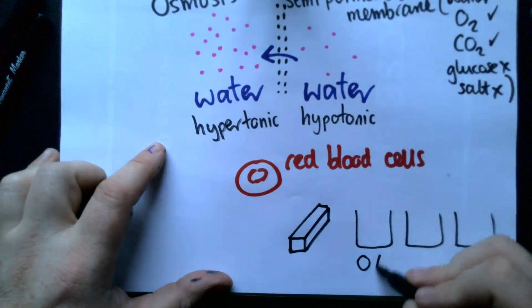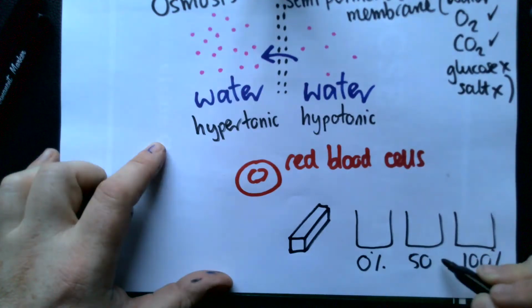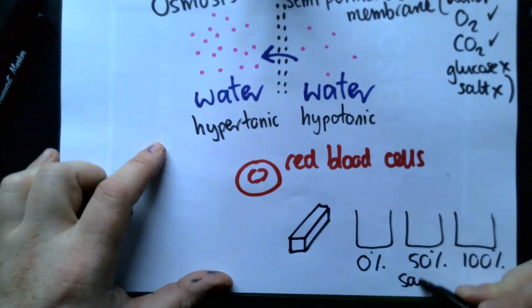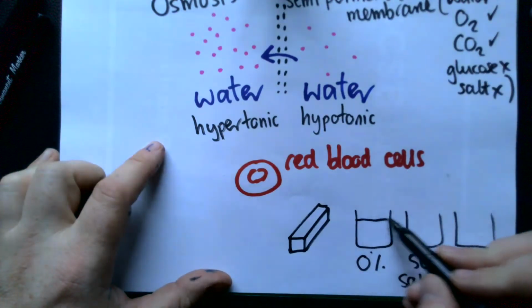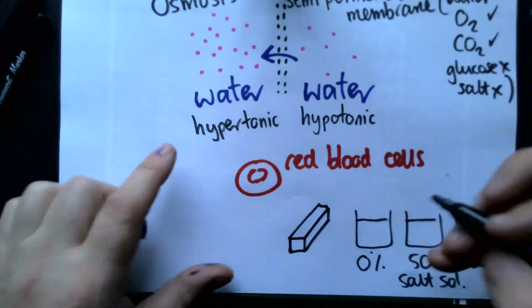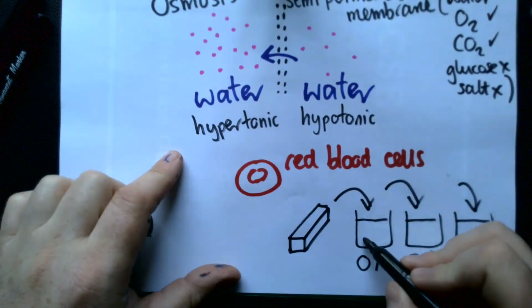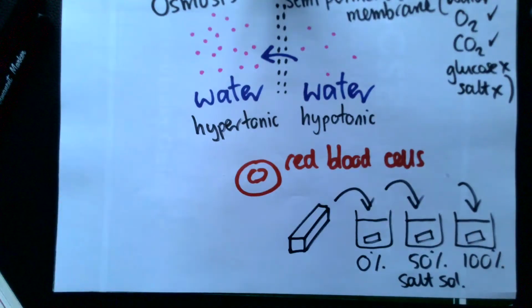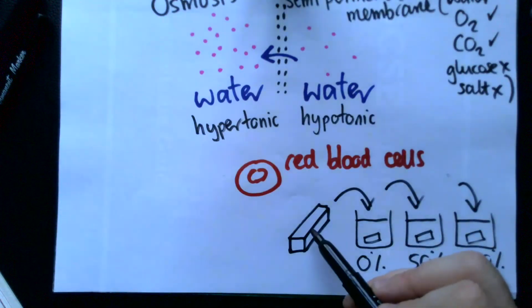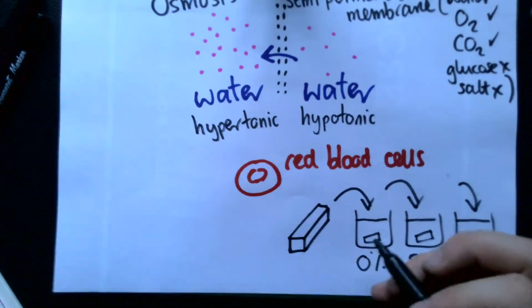So we could have 0%, 100%, and 50% salt solution. By placing the chips into these beakers, in other words, you place the chip in there. This could be a potato chip.